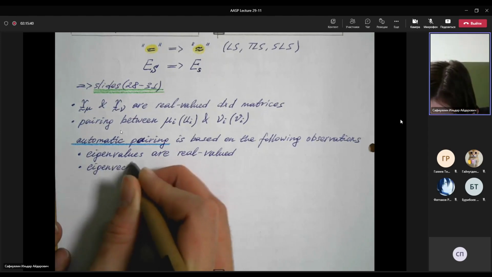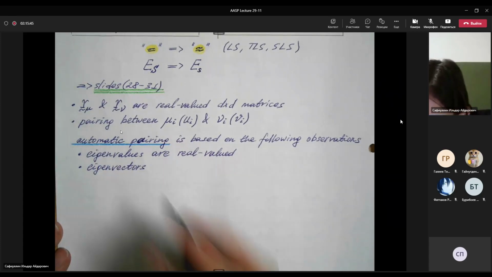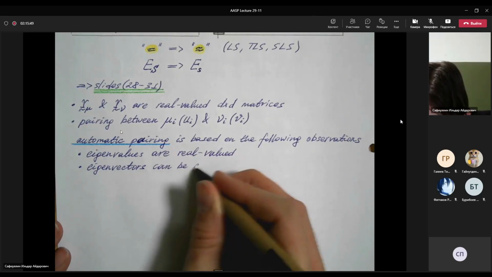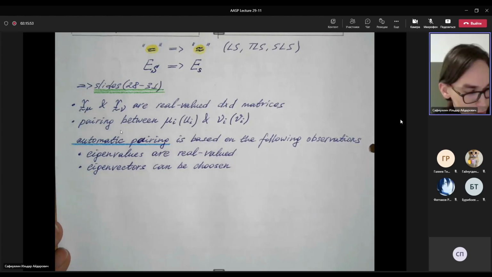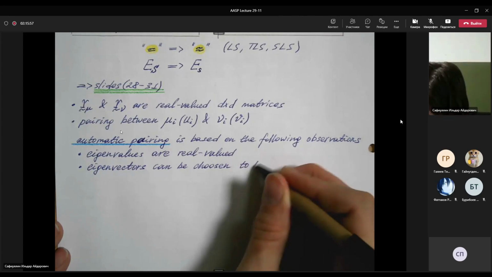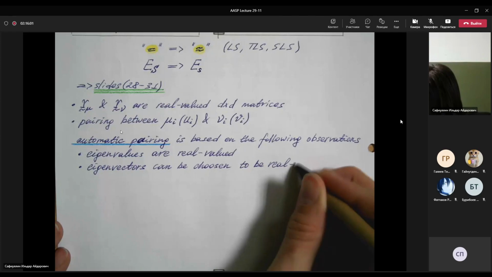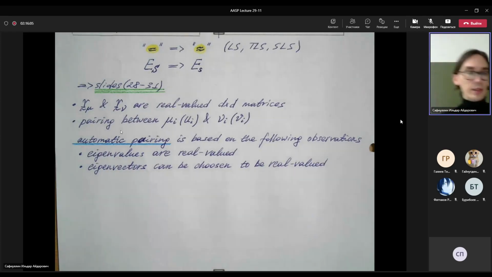Eigenvectors can be chosen to be real valued, as eigenvalues.